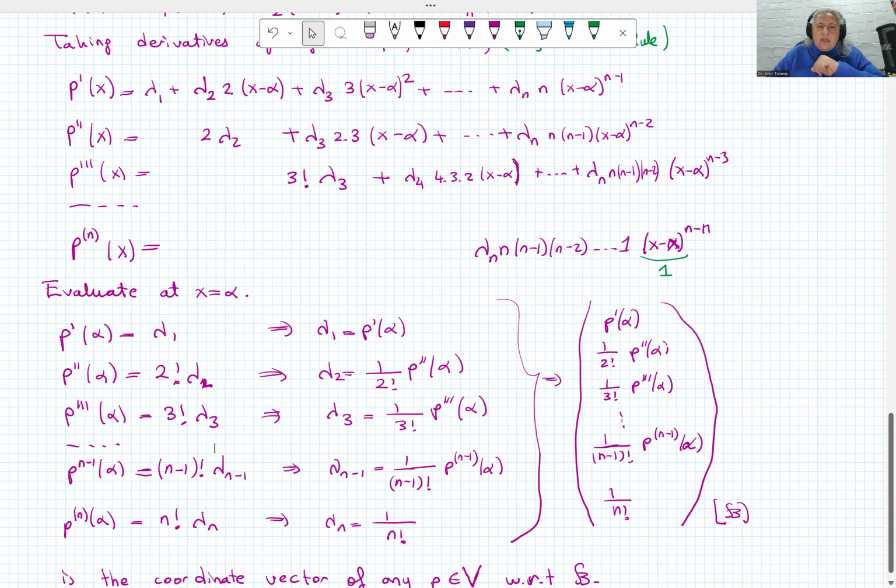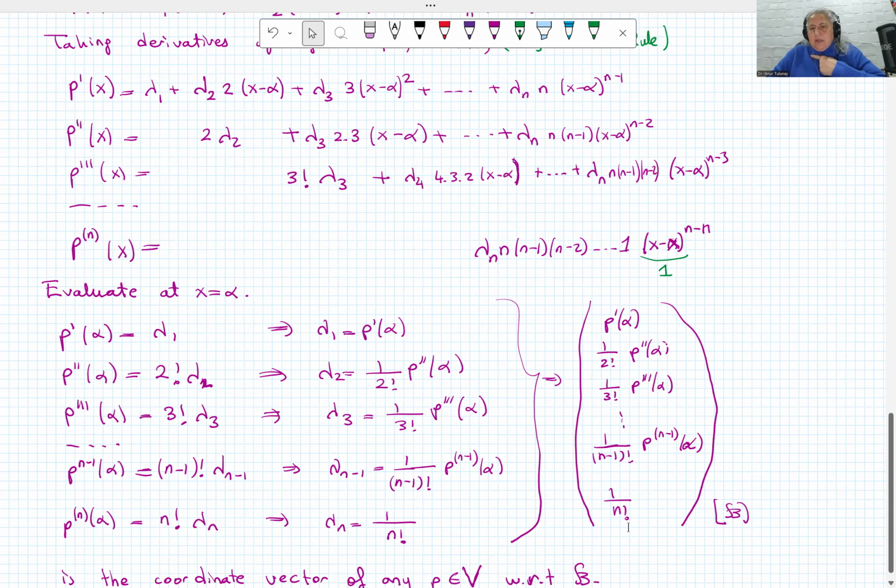Keep going, and just one before the last one, the n minus 1 derivative will be n minus 1 factorial, so that will be the n minus 1 derivative. And the last one is just 1, because it's the last derivative. Up to here there's a pattern, but the last one will be just 1 over n factorial.